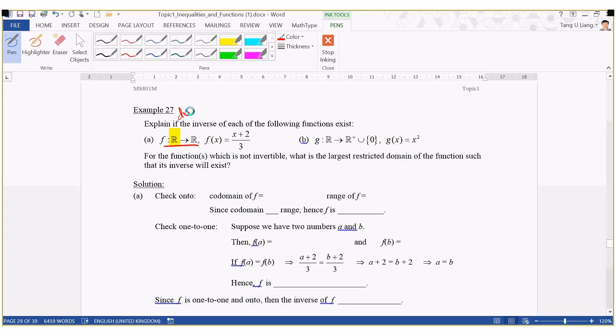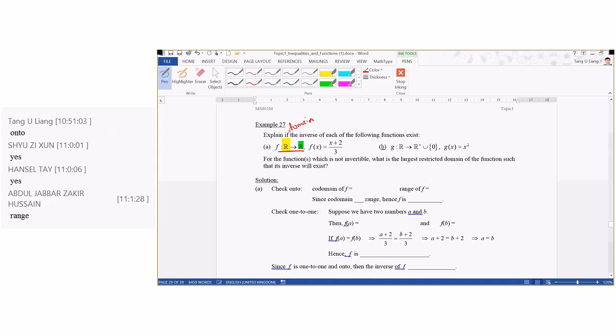It starts with C. The word I'm looking for is codomain. I know that is the real numbers, but in terms of functions, the second R is actually the codomain of the function. The one to the right of the arrow, the one the arrow is pointing to, that's the codomain of the function.